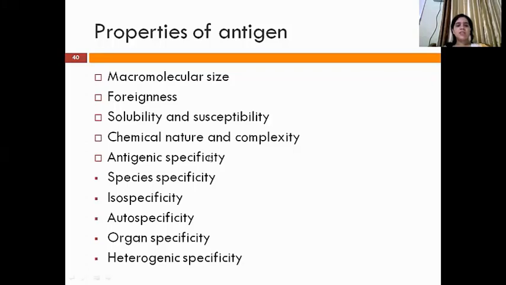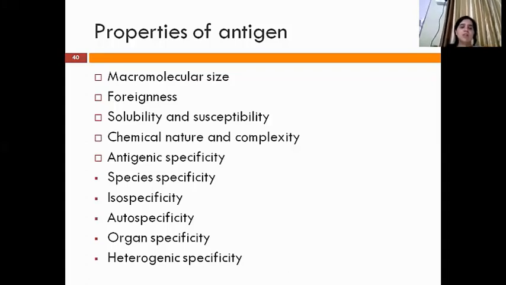Next is antigenic specificity. So antigen obviously it should be specific. Now species specificity. Under this, what kind of specificities a particular antigen should possess? So first is species specificity, obviously related to a particular species only, say for all humans or all animals or all dogs. So those will come under species specificity.